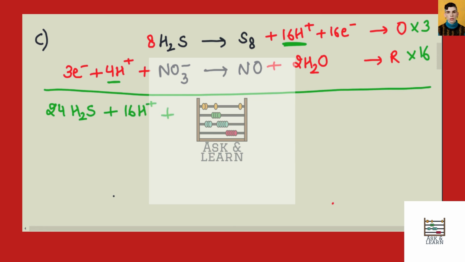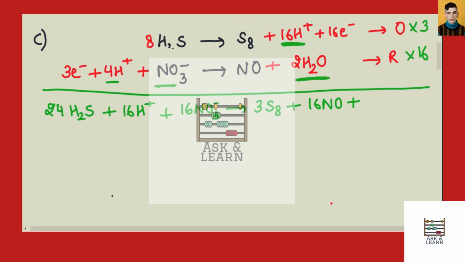And then we will have 3 S8 molecules, and we'll have 16 NO plus, now water molecules. Oh sorry, we don't have any water molecules here. Sorry about that. That's hydrogen sulfide. So we will have 32 water molecules here. And that's it. And we will write that in the final equation. So yeah, this is our balanced chemical equation.